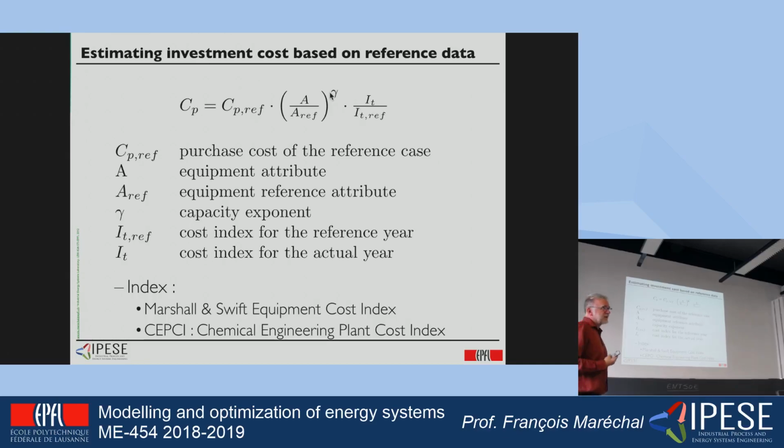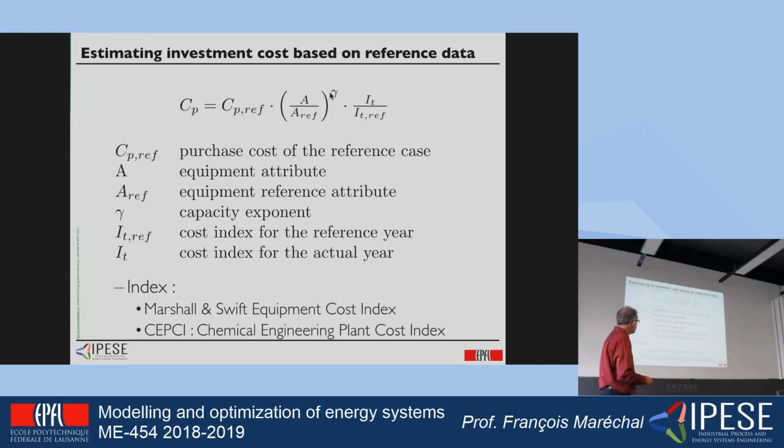And then the second dimension is the time at which you obtained the reference costs. If I'm looking at the heat pump of EPFL, it was bought 50 years ago. You can find the bill and say, okay, a heat pump will cost so much, but it will be in Swiss francs from 50 years ago. So we have to translate this into Swiss francs of today.